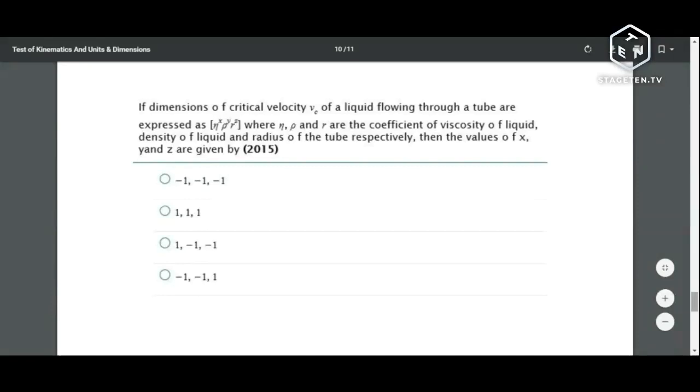In this case, we need to write first of all the critical velocity Vc, which is given by M^0 L^1 T^-1.